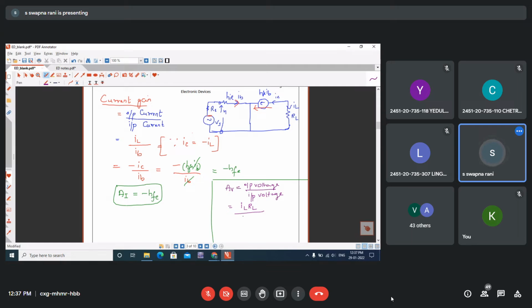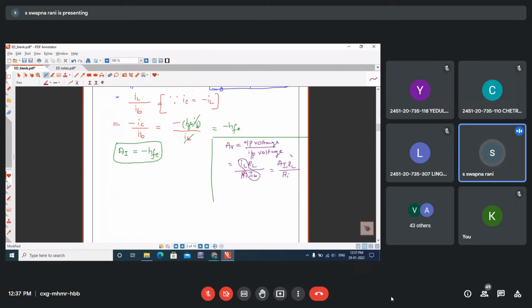Input voltage V1 into IB. So this term is nothing but current gain AI into RL by RI. This is the general expression.